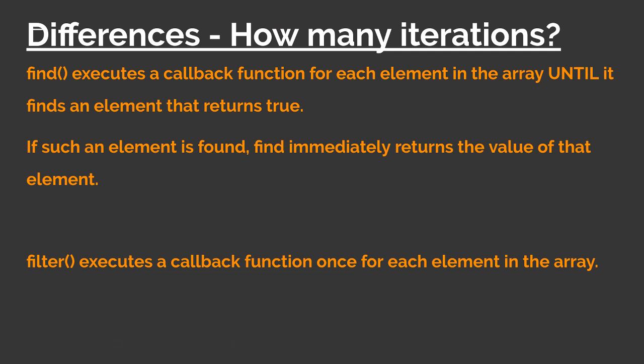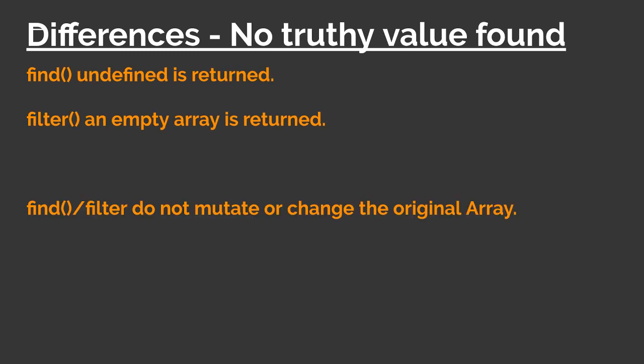Filter goes through every element in the array, even if it finds a match. Find stops immediately as soon as it finds one truthy match. Find returns undefined if no truthy value is found. Filter returns an empty array.